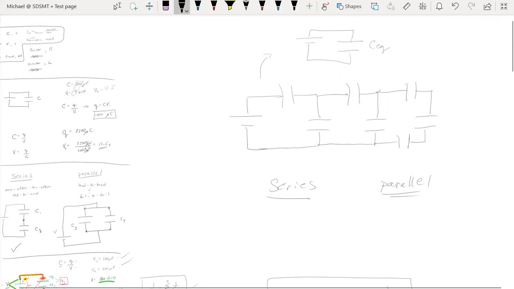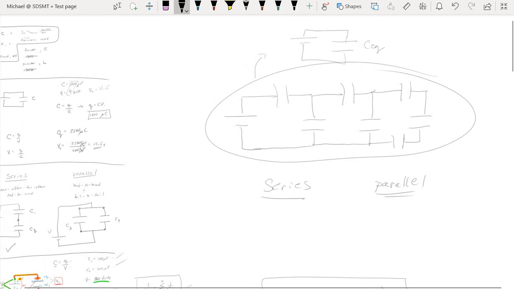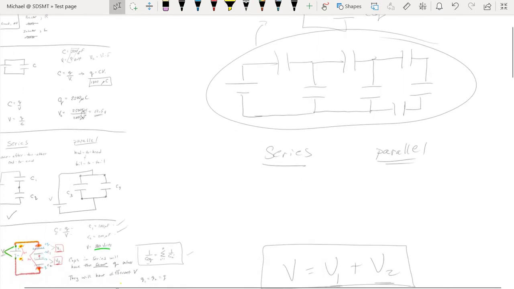So can we take this picture and replace all of the capacitors in their combinations with one equivalent capacitor that'll do the same job? And if we can do that, then we can start reconstructing the circuit in its original form to figure out all the information about that circuit.